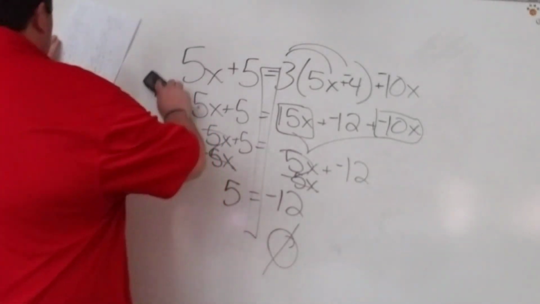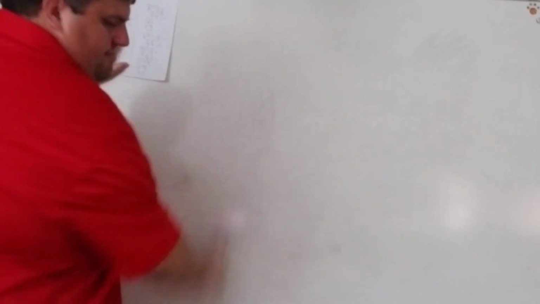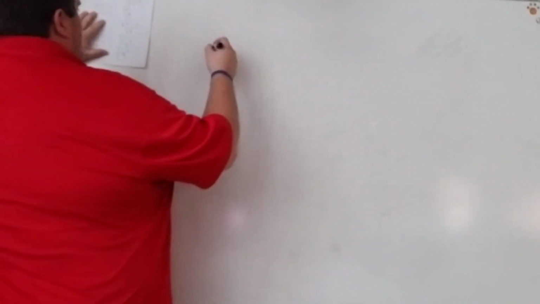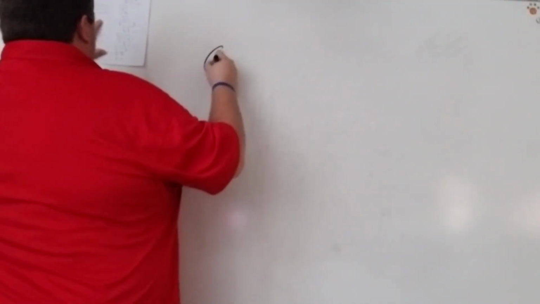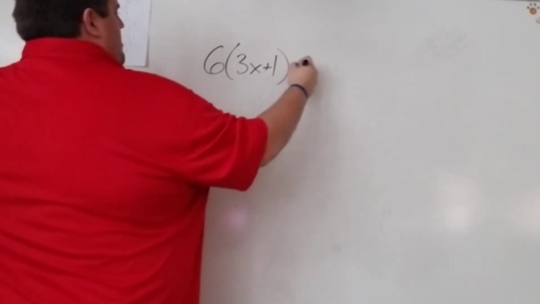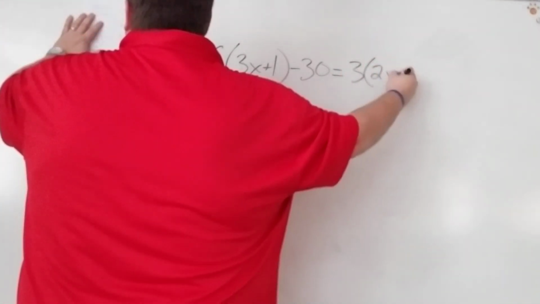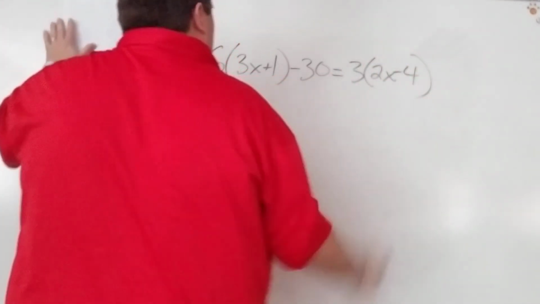All right, number 16. 6(3x + 1) - 30 = 3(2x - 4).